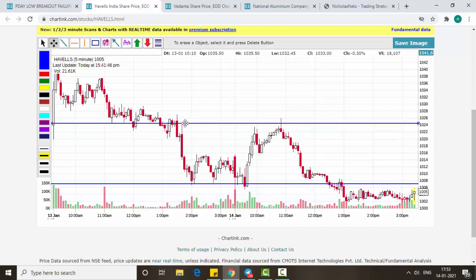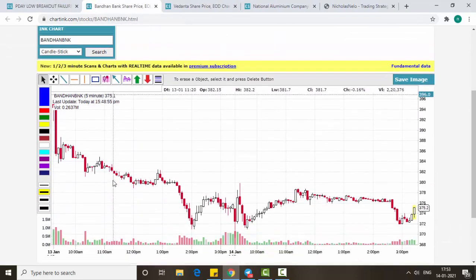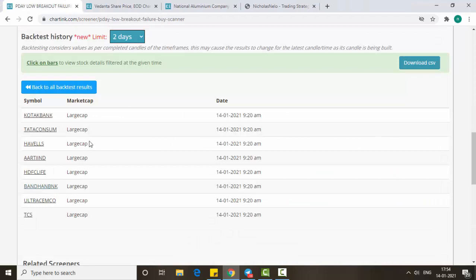This is the target. Bandhan Bank. You can see here. Whenever the first candle is a breakout failure and the second candle gives a buy call, after that it comes down but it didn't break the low, then again it's going up.